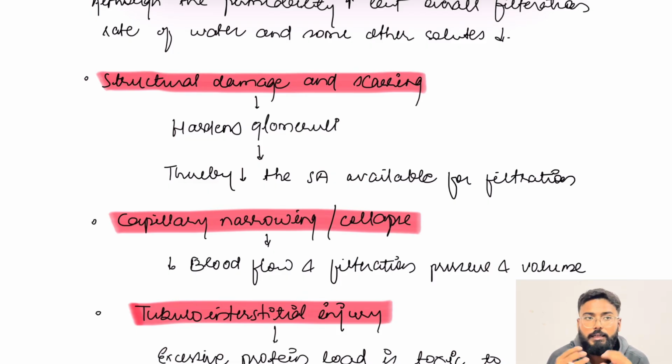That means if, just for the sake of understanding, there were 100 nephrons in normal kidneys, all functioning properly with no damage, and then some kind of inflammation is going on, and out of those 100, 20 nephrons are now damaged.